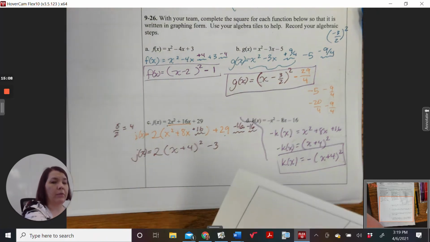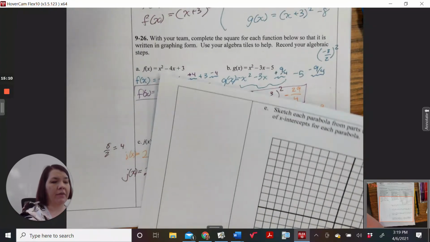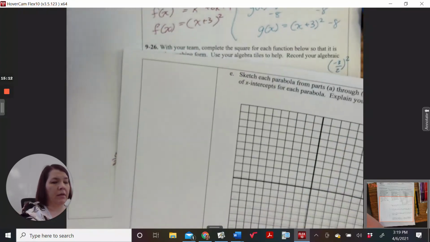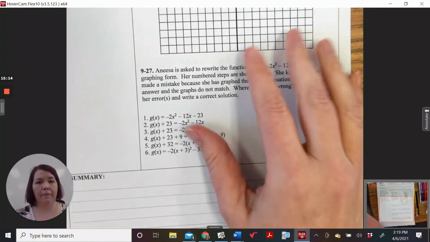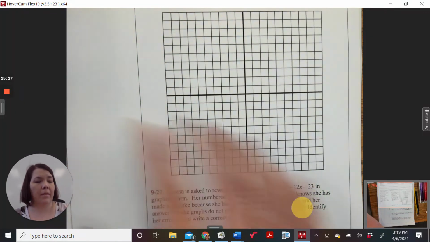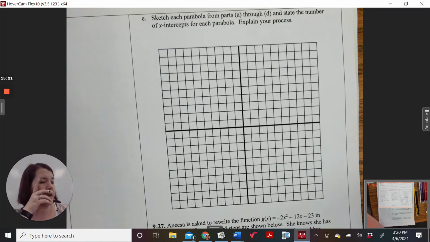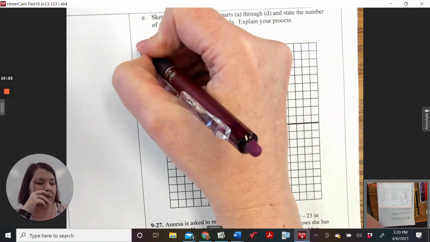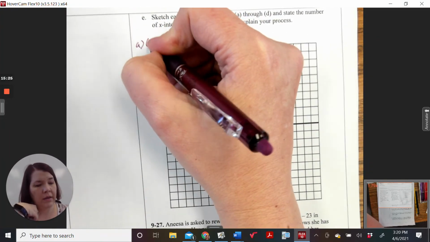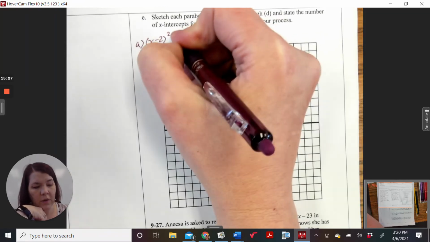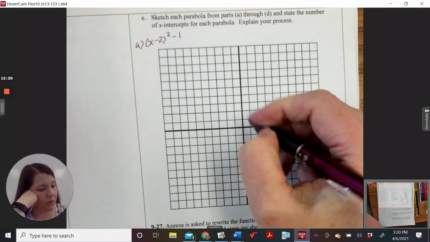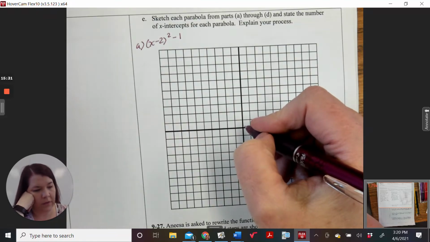Part C says that we need to draw some graphs. So I'm going to have this here in case I need it, but I'm drawing graphs for part C. Sketch the graph parts A through D. And so A will be this color. A is x minus 2 quantity squared minus 1, and it was f of x.